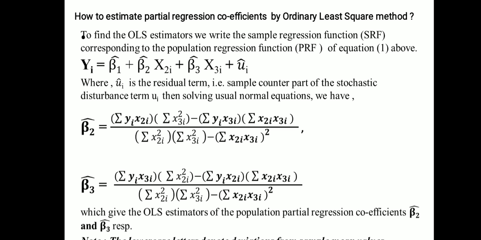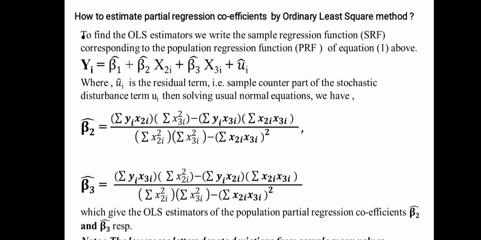In the previous slide we took that equation, noted as equation number 1, the population regression function. We have to estimate its values, and after estimation, with the help of the sample regression function, we get the following equation.